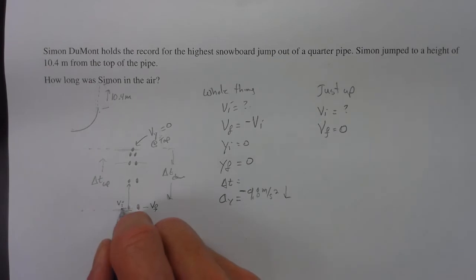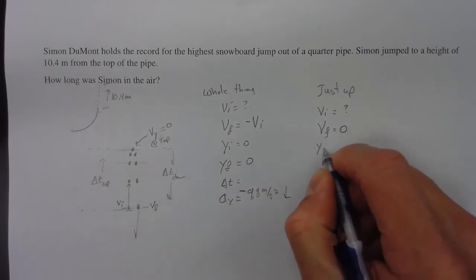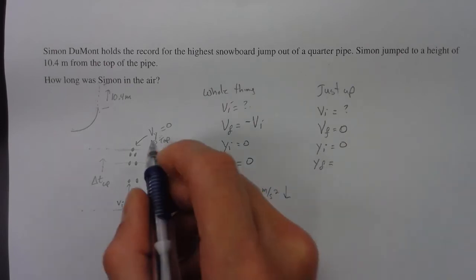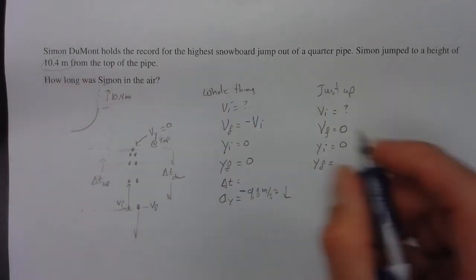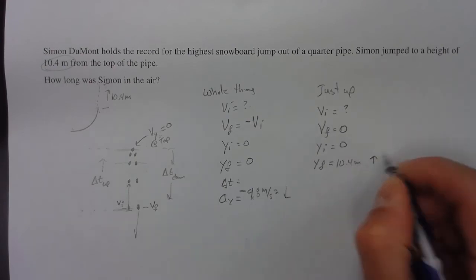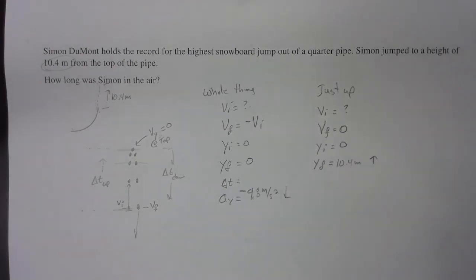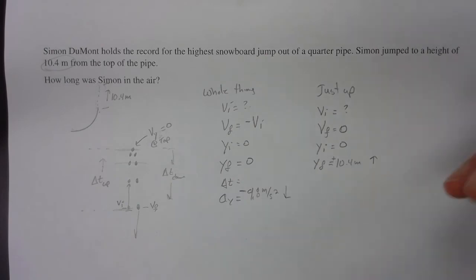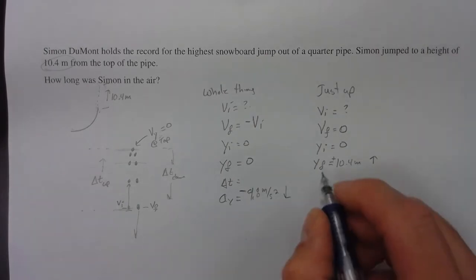I'm going to call y initial here 0, the edge of the pipe. Y final, that's up there, the 10.4 meters high. That is up from the 0, so that's above the 0, which means it's got to be a positive number. I'm taking positive to be upward, negative to be downward.